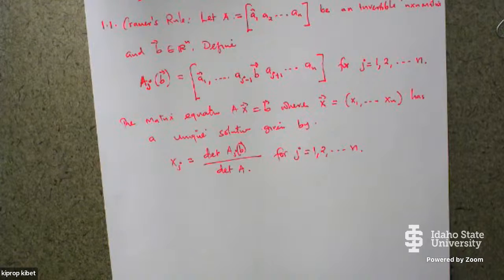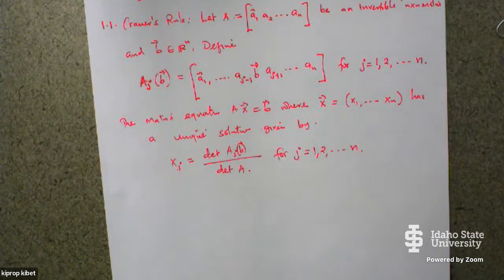To get x1, x1 is equal to determinant of A1(B) all over determinant of A. To get x2, x2 equals determinant of A2(B) all over determinant of A. So to get x1, you remove the first vector from the matrix A and replace it by B, and then you get the determinant all over determinant of A. To get x2, you remove the second vector in the matrix A and replace it by B, then you get the determinant, all over determinant of A.